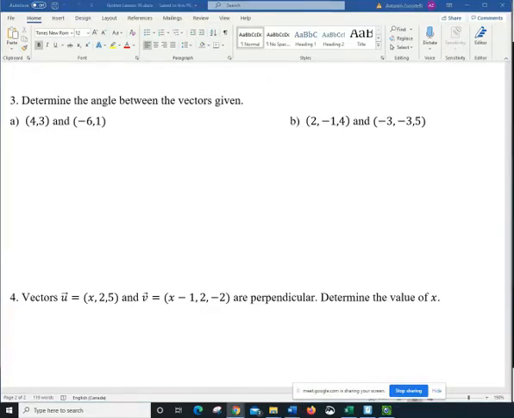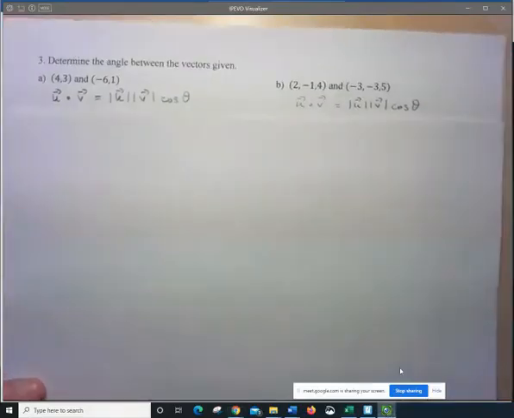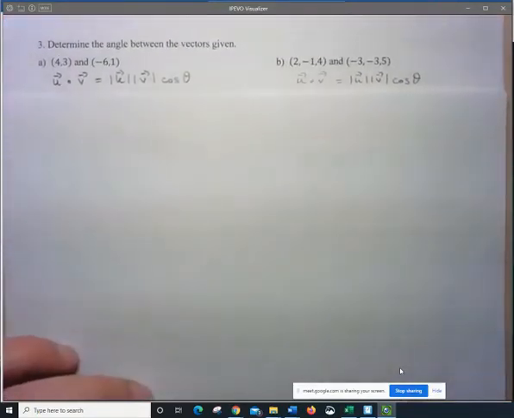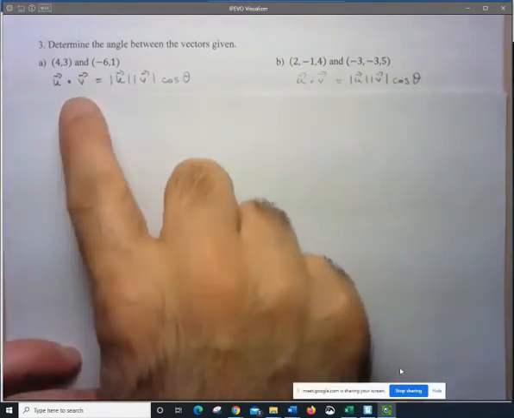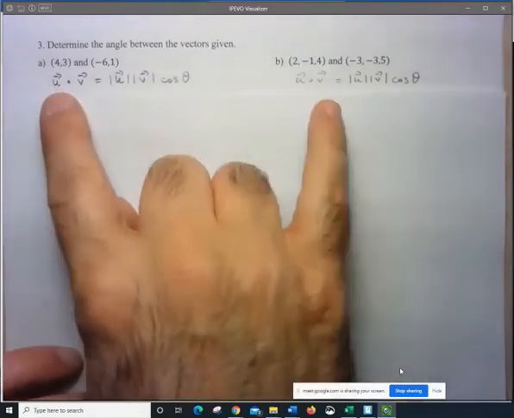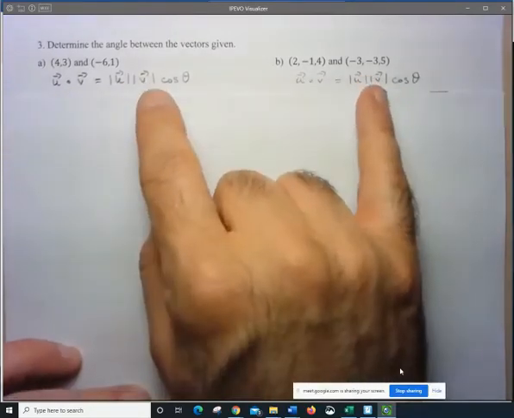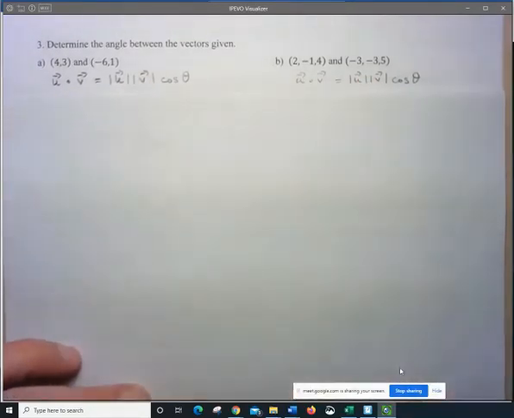All right, so we're back. Let's take a look at these examples here, and we'll take a look at them at the same time because it involves the exact same procedure. Okay, so in both cases here, the goal is to use the dot product and use the fact that the dot product is easy to determine algebraically, and these magnitudes are relatively easy to determine.